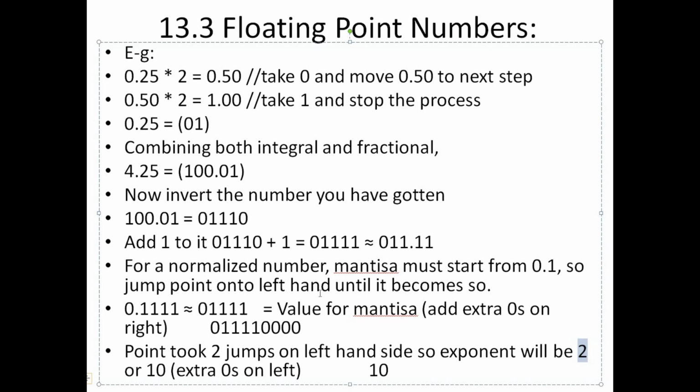So you have to make sure that whatever binary number you write as exponent, it represents the value 2 in binary. This will be the value of exponent of 8 bits. And this will be the value of mantissa in 8 bits. Now you can add or remove zeros if you are given a different number of bits for mantissa or exponent in your question.